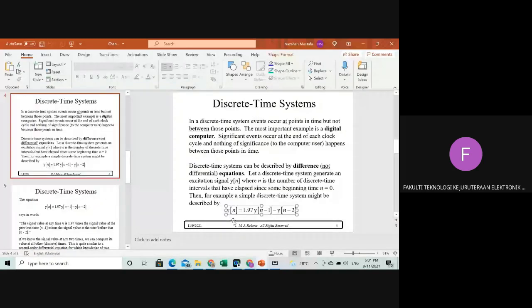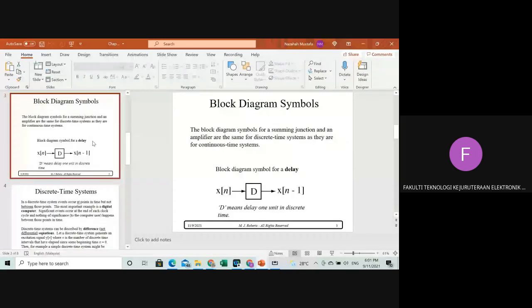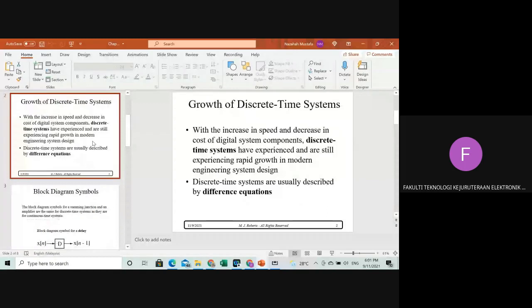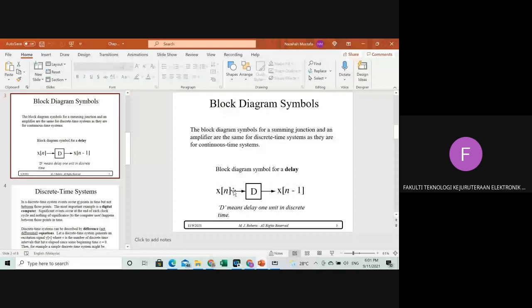So we have y(n-1), y(n-2). We don't have d/dt, the differentiation, right? Okay, so the block diagram. Of course, because this is a discrete time system, we have a discrete signal x(n).